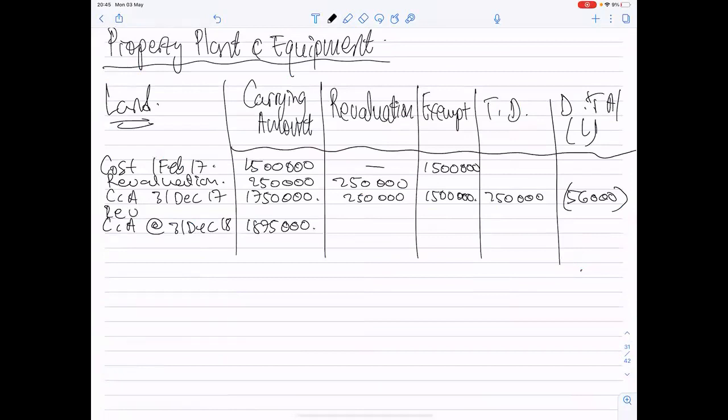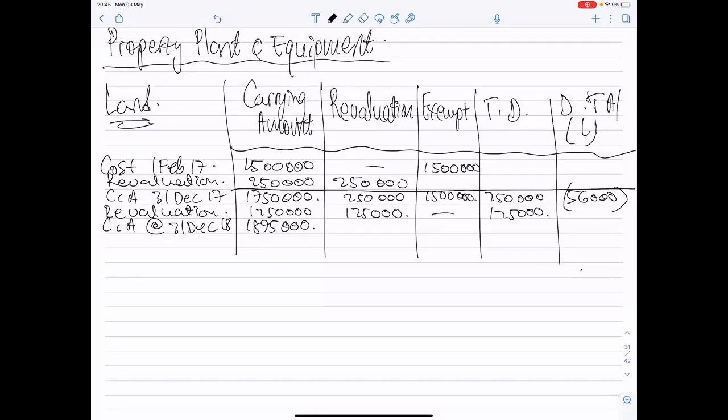Meaning that there was a revaluation of 1,875 minus 1,750, which is 125,000. So we put our 125.